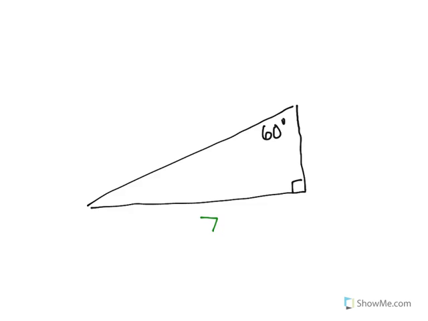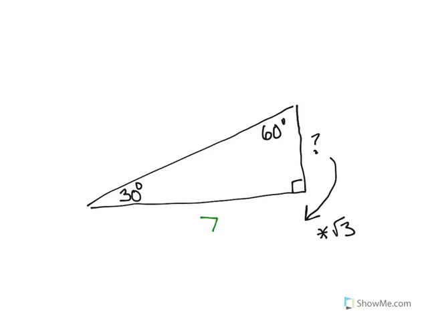Well, to get from the short leg, the one across from the 30, so we don't know what this is, but if we did know what this is, how would we get from the short leg to the longer leg? You would multiply by radical 3. So what's the opposite of multiplying by radical 3?